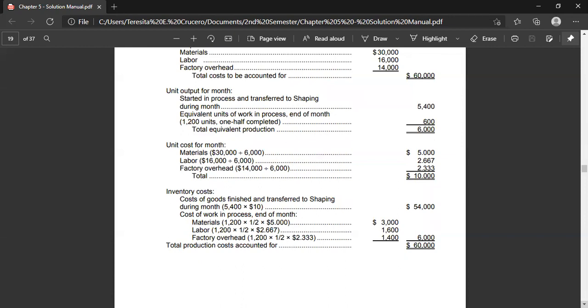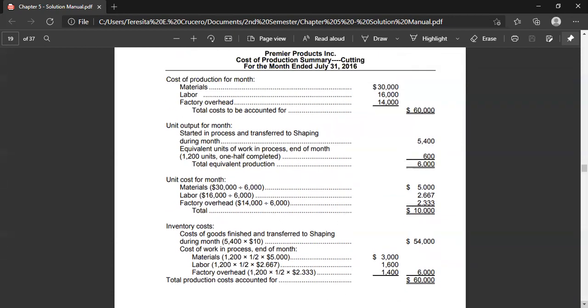So meaning the cost of the units here is supposed to be $10 per unit. So all in all, total production cost accounted for equals 60,000. Now the same with, we have the cost per unit equal to, here we are given 60,000. Okay, so we now have $5.7 after.